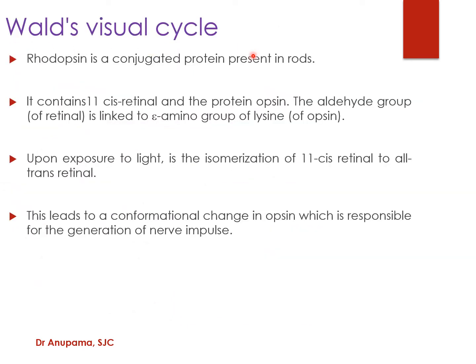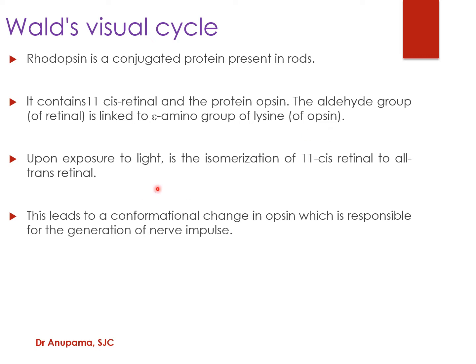Wald's visual cycle. Rhodopsin is a conjugated protein present in the rods. It consists of 11-cis retinal and the protein opsin. The aldehyde group of retinal is linked to the epsilon amino group of the lysine residue of the protein opsin.